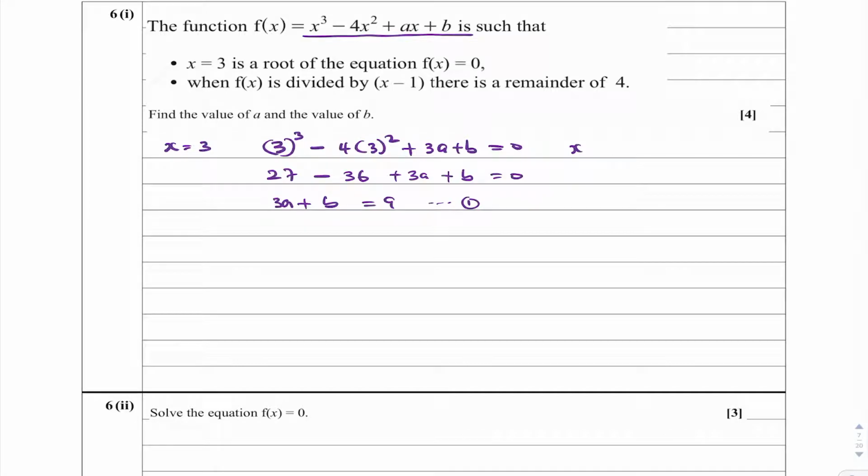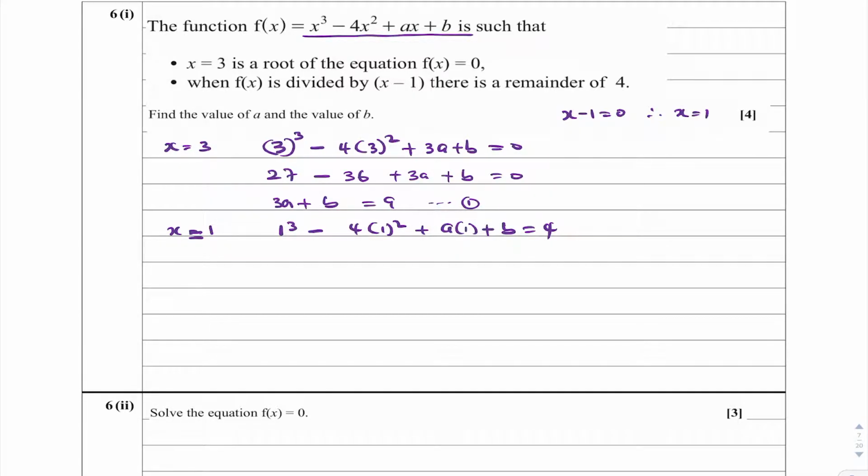When x minus 1 equal to 0, therefore x equals 1, I get 1 cubed. Let me just write this clearly so it's not confusing. When x equals 1, I get 1 cubed minus 4 times 1 squared plus a times 1 plus b equals 4.